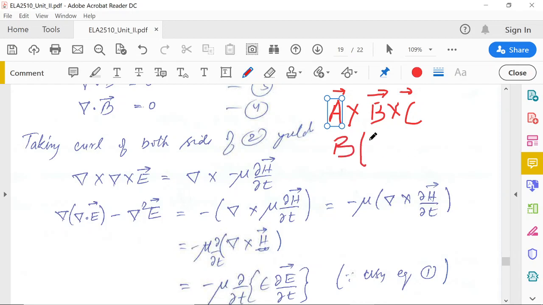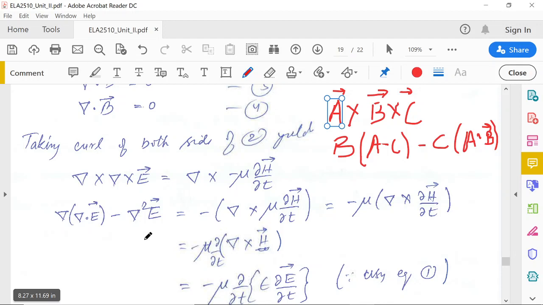So it will be A dot C times B minus A dot B times C. Here A and B are the del operator, so it will become del dot E, and here A dot B is both del, so it will become the Laplacian, and then you have the Laplacian of E.